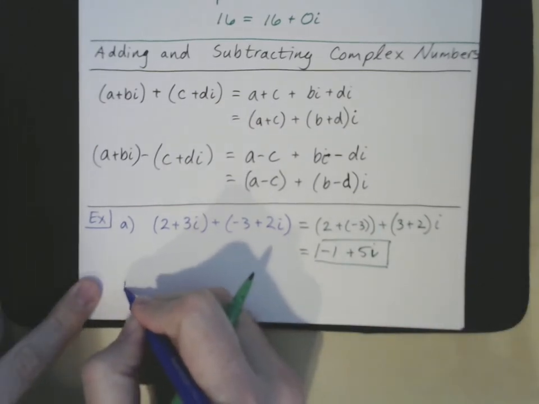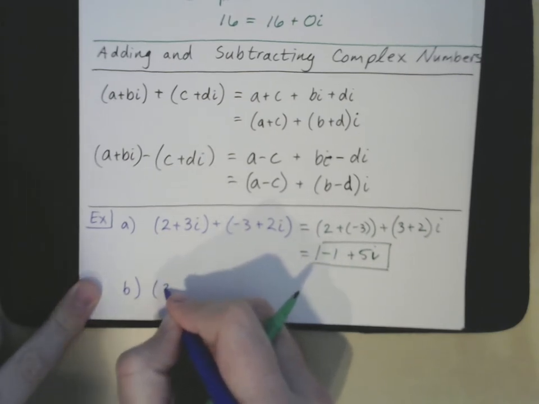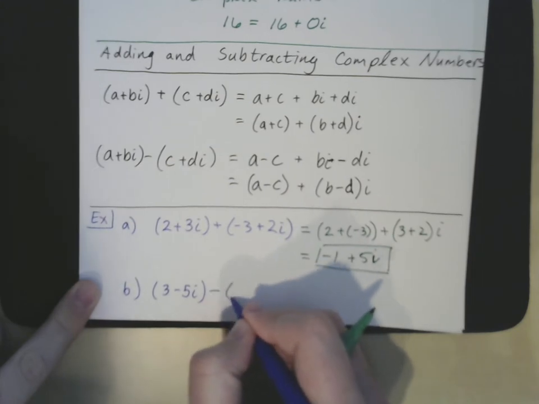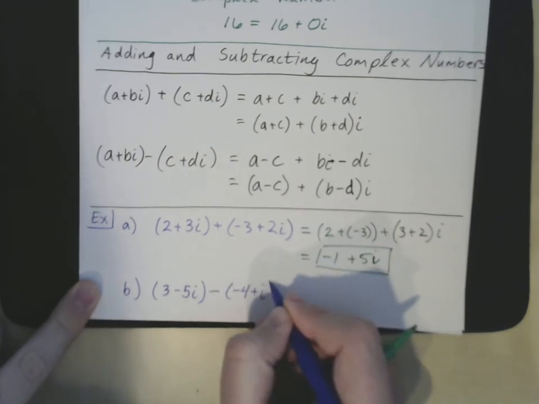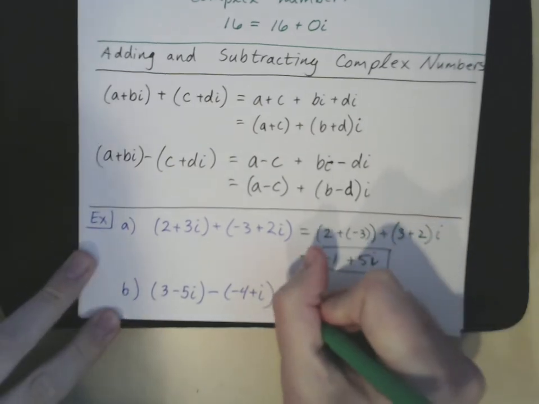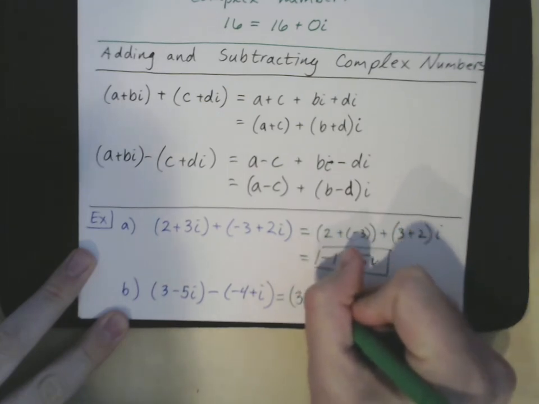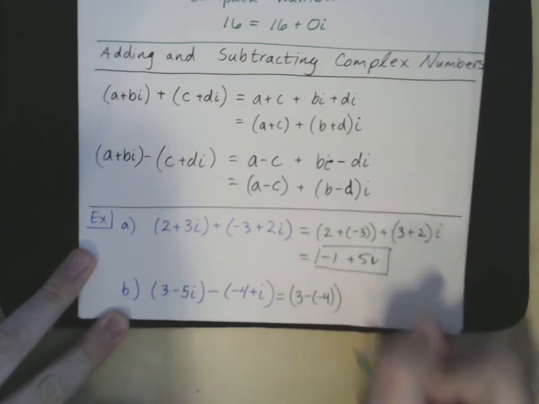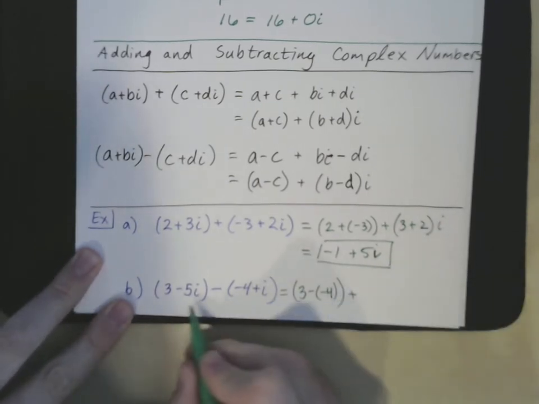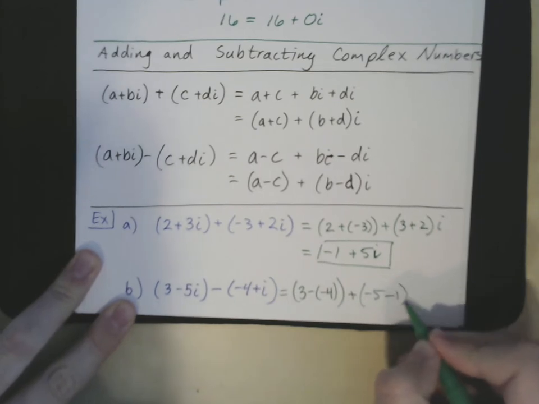Try another one here, some subtraction. Let's do 3 minus 5i minus -4 plus i. So this is going to be 3 minus -4, and then plus -5 minus 1 times i.